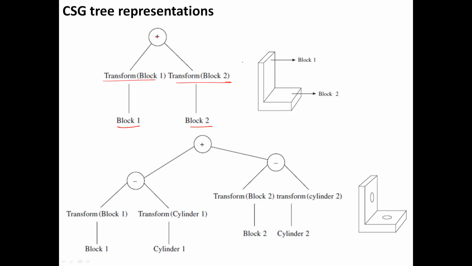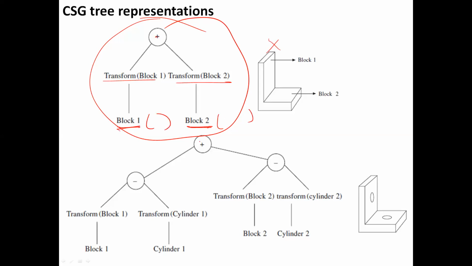If I don't know this product and I look only at this tree, this tree is more than sufficient to tell me how the process happened. I created a block. The only thing missing here is dimensions, but sometimes dimensions are also added here: what is the length, the width, and the height, for information.